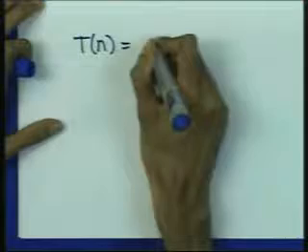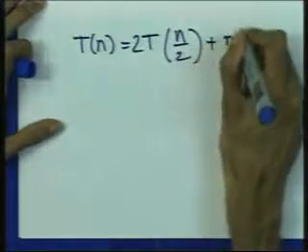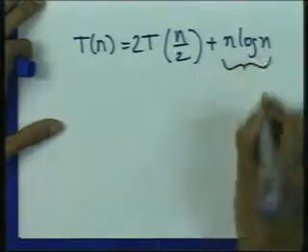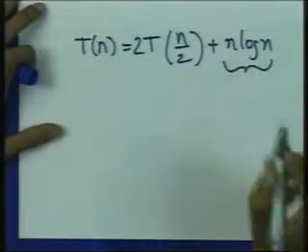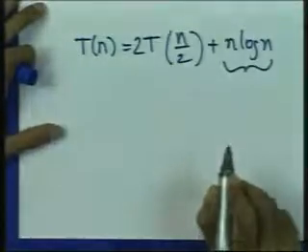Then the recurrence would look like T(n) equals 2T(n/2) plus n log n, because this sorting will dominate. Once we sort, we can go over them in linear time, but this sorting will dominate and will take n log n time.